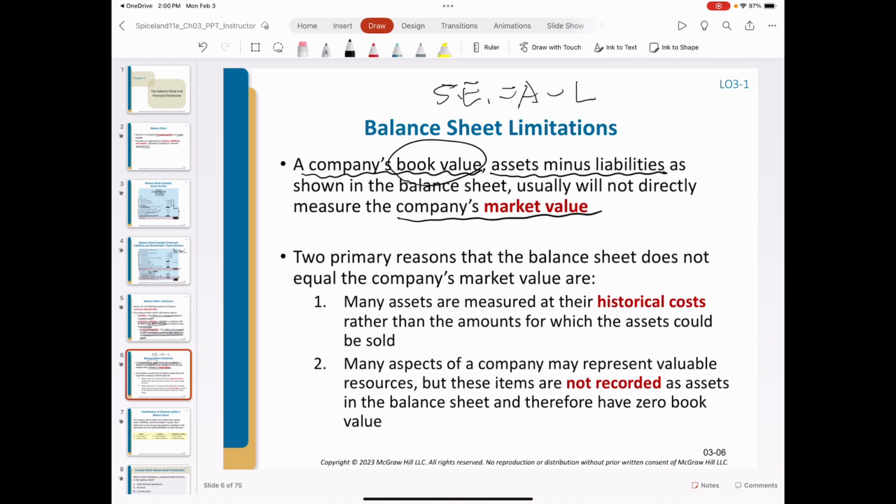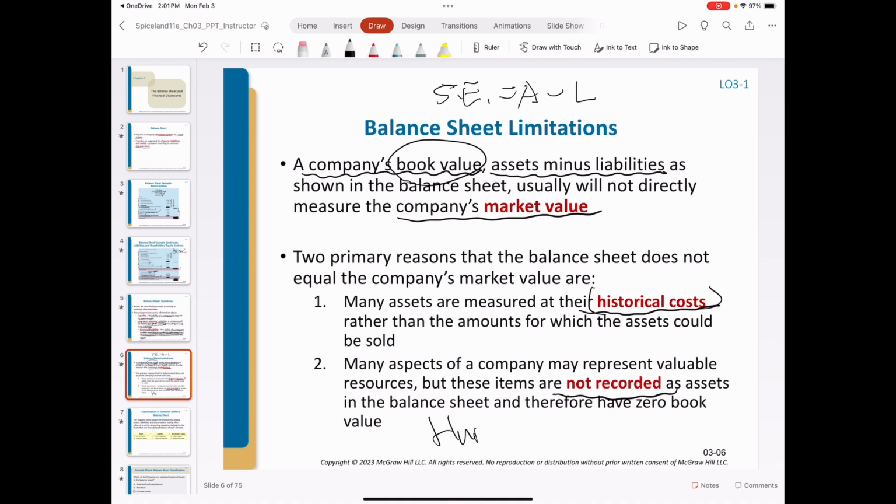There are two reasons. First, we use a lot of historical cost as the valuation for assets and liabilities, and historical costs lose relevance as time passes. Next, some economic resources may not be reported in the balance sheet.